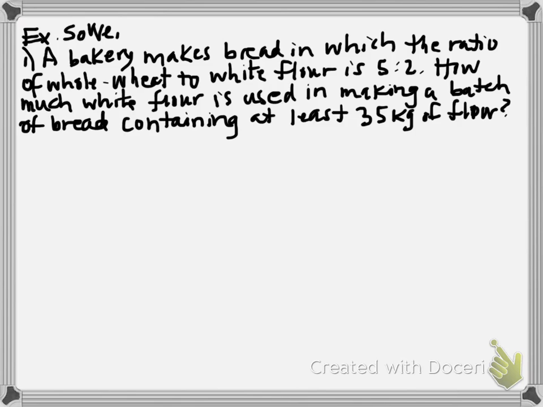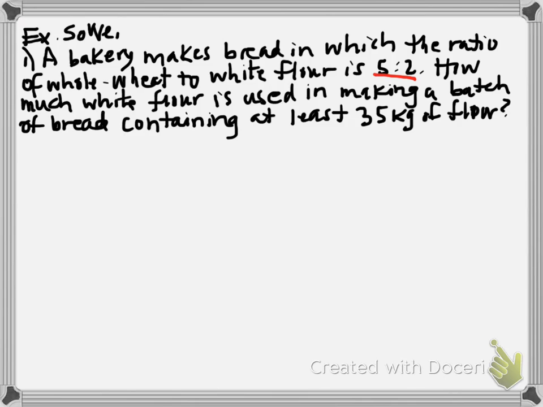Okay. So what's interesting in this is it's using an idea back from chapter 3, which was the idea of ratios. So when you see that ratio of 5:2, it's not saying 5 exact kilograms of whole wheat flour were used to exactly 2 kilograms of white flour. If that's the case, then that would only be 7 kilograms.